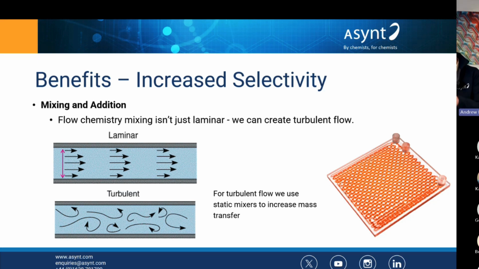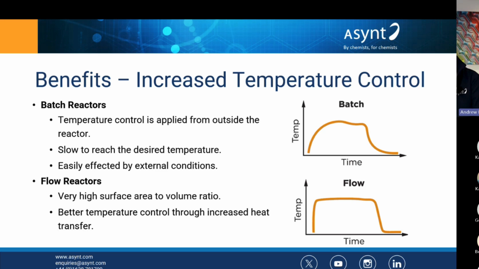So this is a glass plate with a serpentine channel etched in, but the chicane geometry in here means that our reagent streams are continuously mixed all the way through that reactor. So we have precise control of mixing, or fast control of mixing, as well as temperature control. So that's mixing and additions.